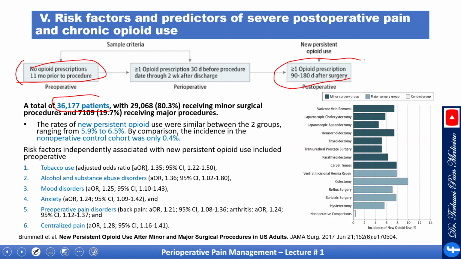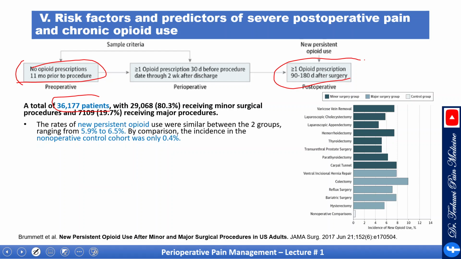They found that the rate of new persistent opioid use was similar between the two groups, the minor and major surgery, interestingly. But look at that compared to the control group who haven't had surgery, which means that surgery here is, of course, a risk factor for persistent use of opioid.